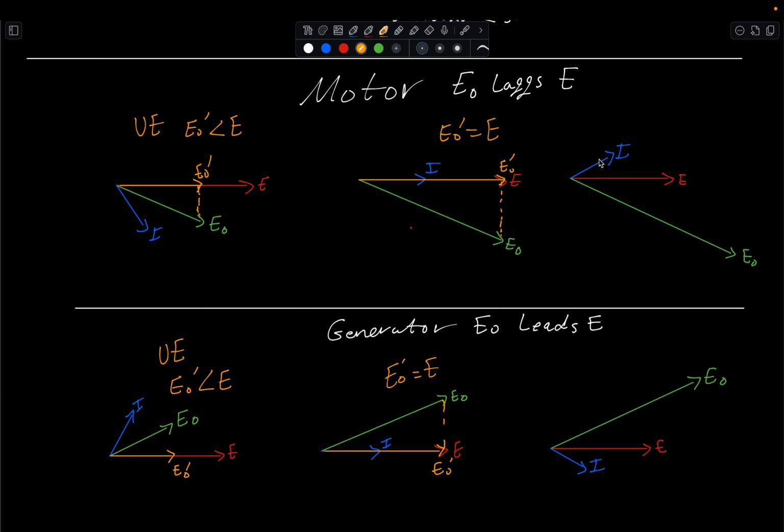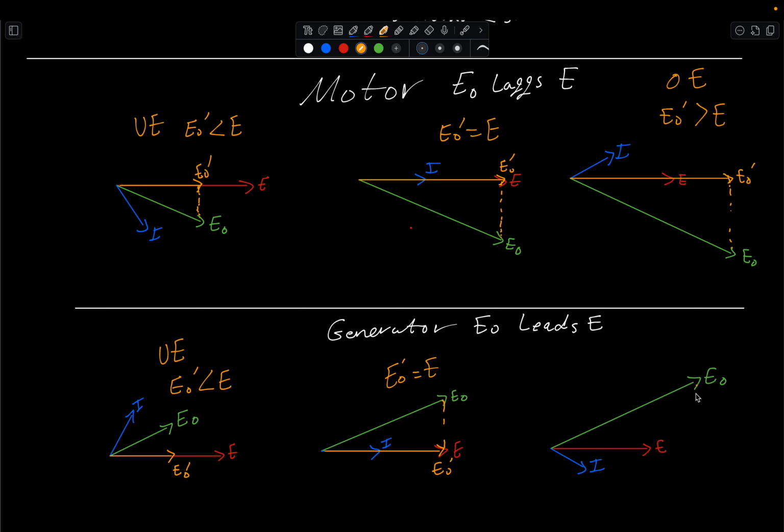But why is it overexcited? Well, once again, if you compare the real value of your internal voltage versus the magnitude of your terminal voltage, you can see in this case our EO is actually larger than E, and this is what makes this overexcited.